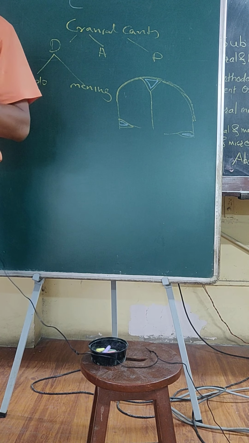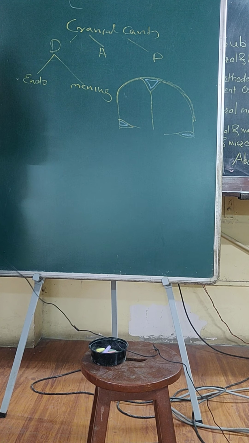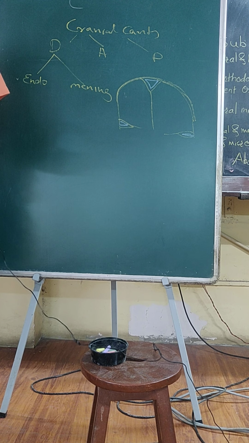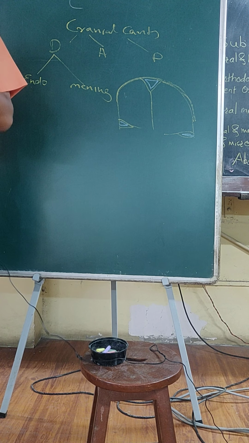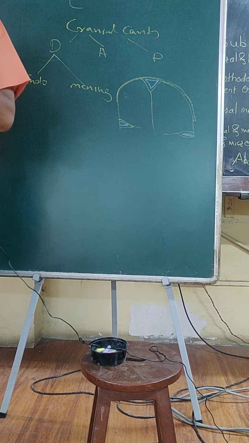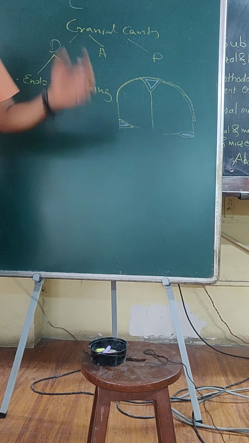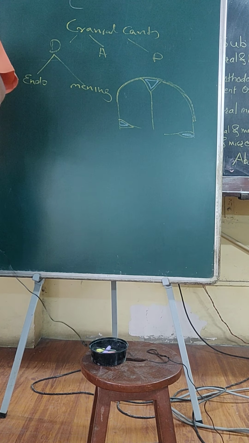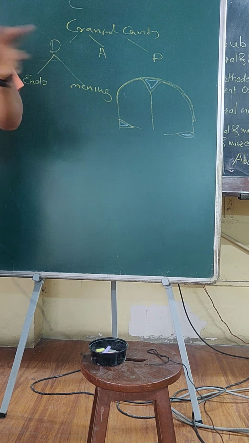Otherwise, the brain is quite slimy. It's not so hard, it doesn't have that firm consistency. So to prevent shock, the brain should not move too much. Therefore, that packaging is put.